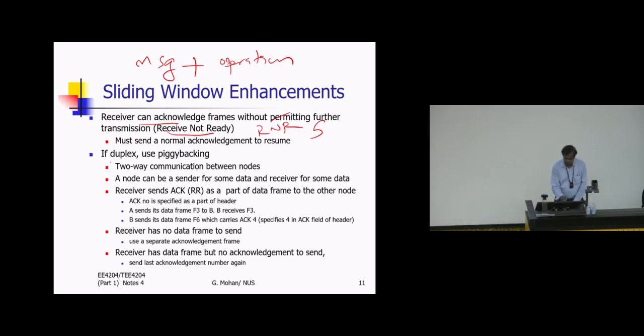Next, in the case of duplex communication, which is the normal or practical case in switched networks, the piggybacking method is normally used. What is piggybacking? Let's say this is the sender and this is the receiver, and a link connects these two. The communication is full duplex.